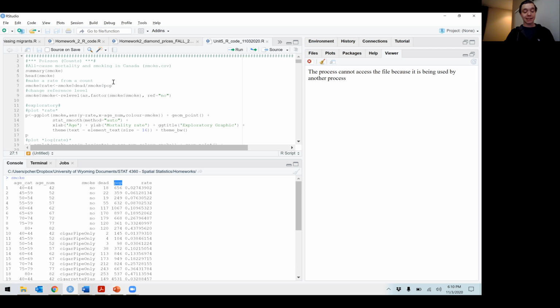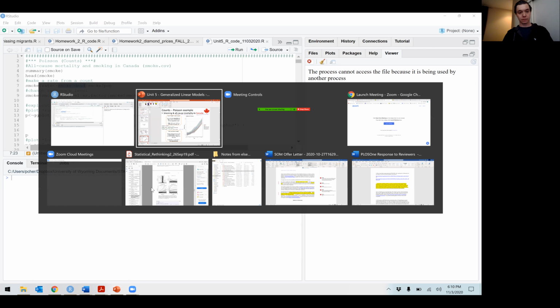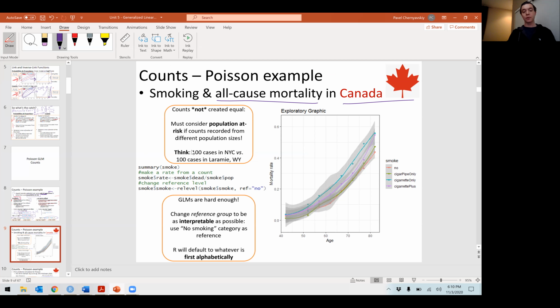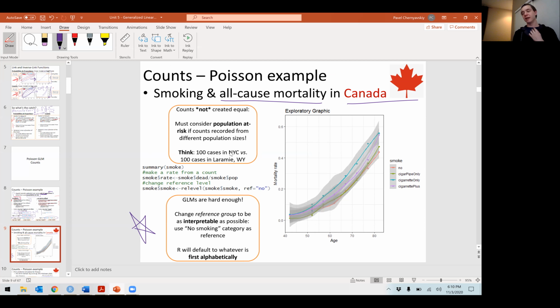To make a rate, remember we're now modeling a log mean rate, I simply take the number of dead and divide by the population, and I get a rate. So 18 over 656, I get this 0.02. And of course, we think about a rate because 100 cases in New York and 100 cases in Laramie mean very, very different things.